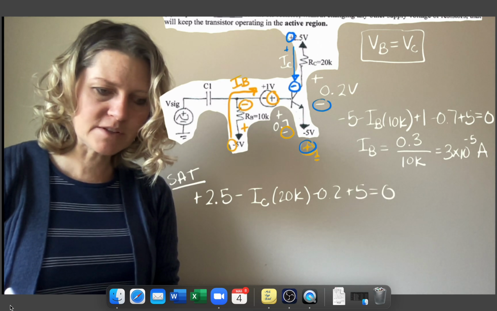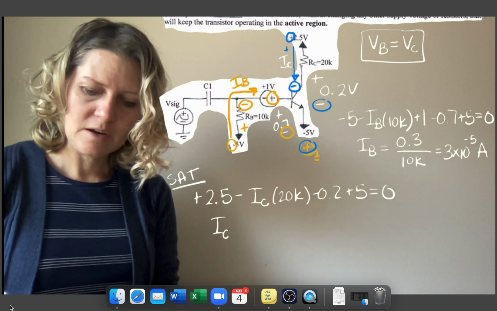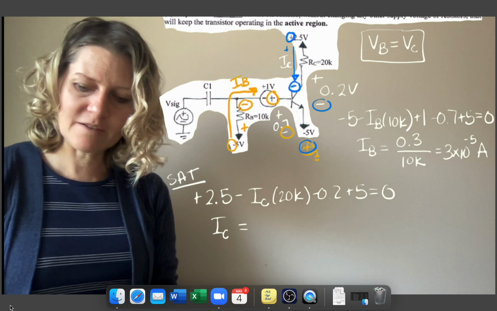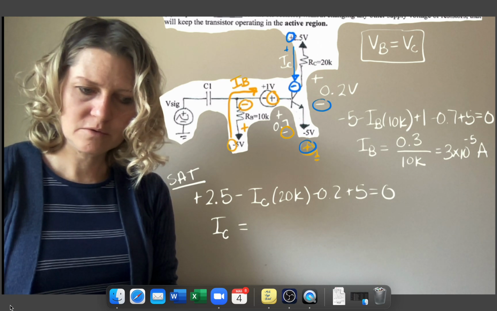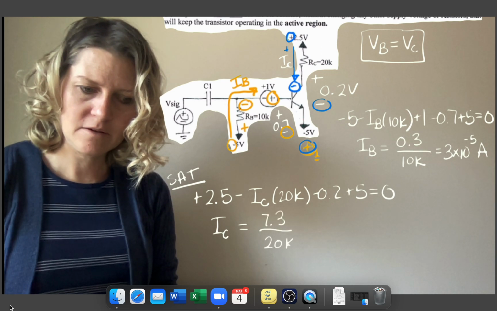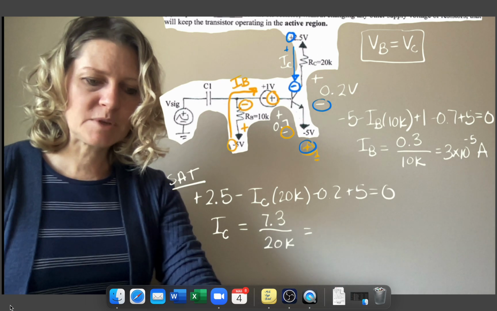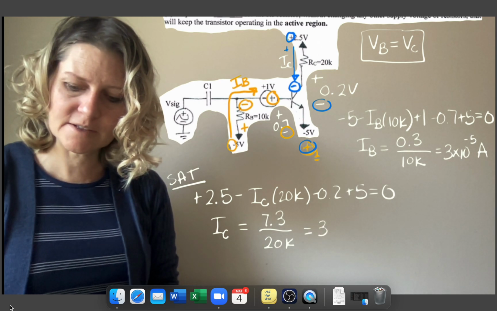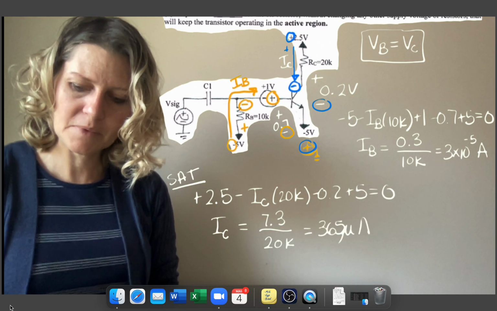And now I can solve this for IC. So I get 7.5 minus 0.2 for 7.3 over 20K, and that gives me a value of 365 microamps.